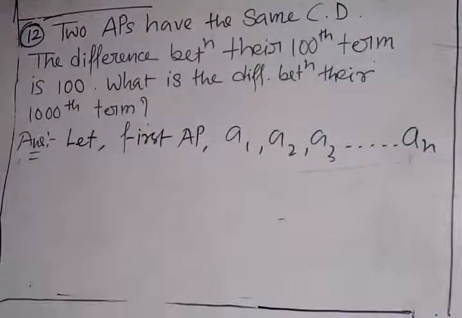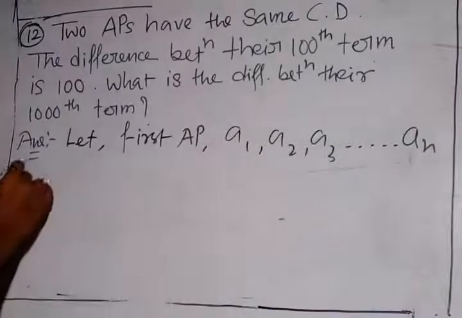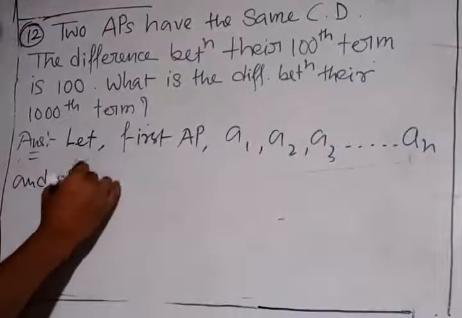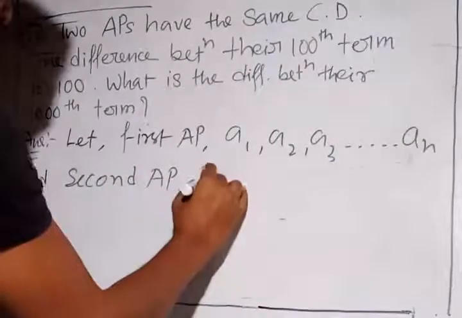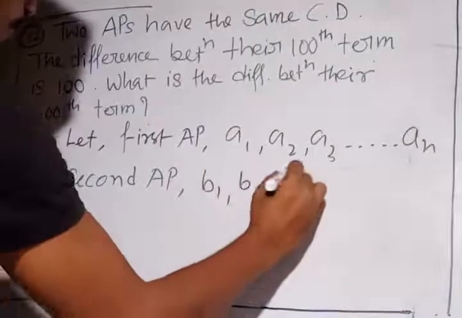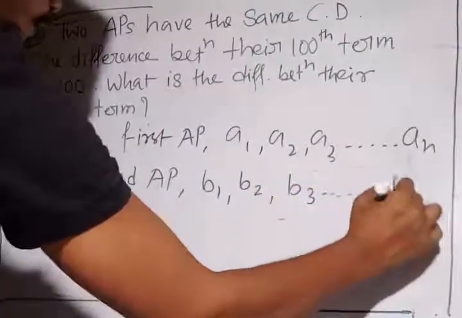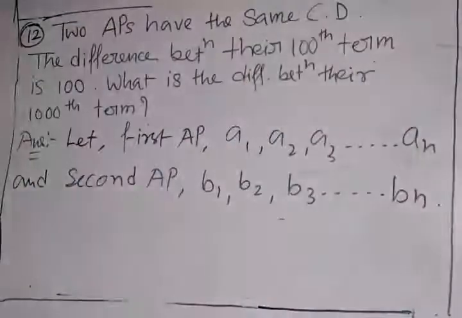This is the first AP. Now the second AP, suppose it is B1, B2, B3 and Bn. So these are the two APs.